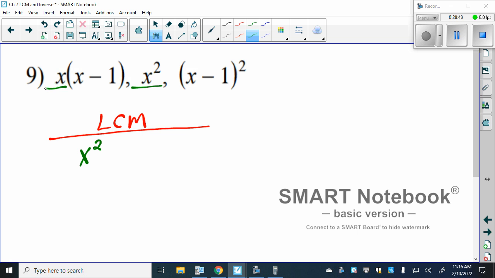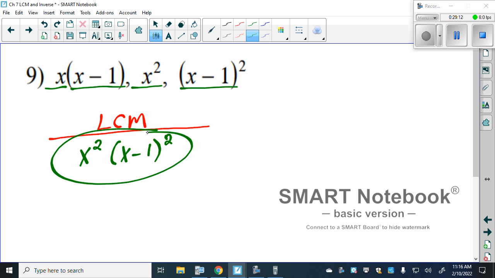What else do we need? 2 of the x minus 1s. Or we can say x minus 1 squared. So we would need an x minus 1 times x minus 1, or x minus 1 squared. So having it at least once does cover everything in the first. Having it twice covers everything in the last one. So that there is the least common multiple. And that's all we need to do for this here.